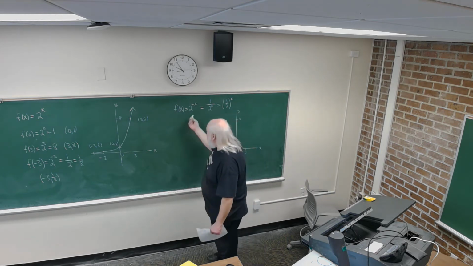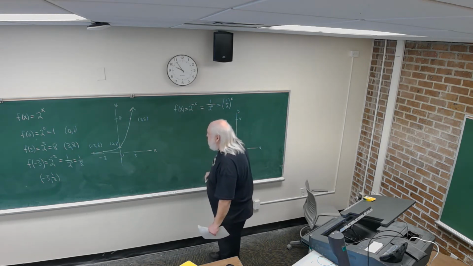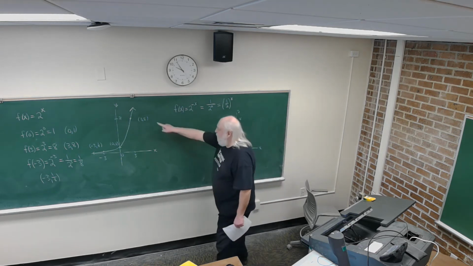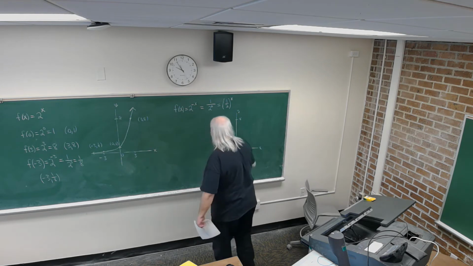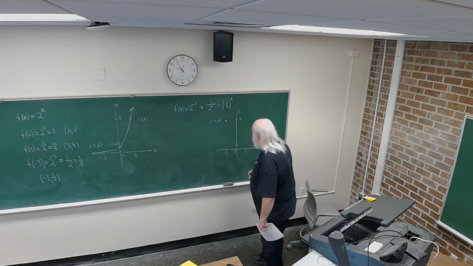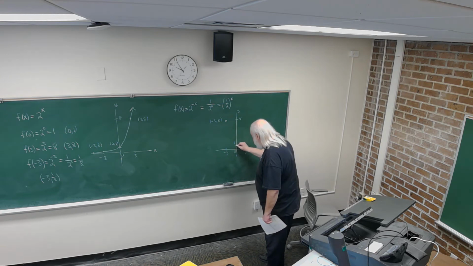And you can plug in 0 for x, 3 for x, -3 for x, to verify that these points are correct. And so this point here goes from (3, 8) to (-3, 8). And we still have the y-intercept at 1.